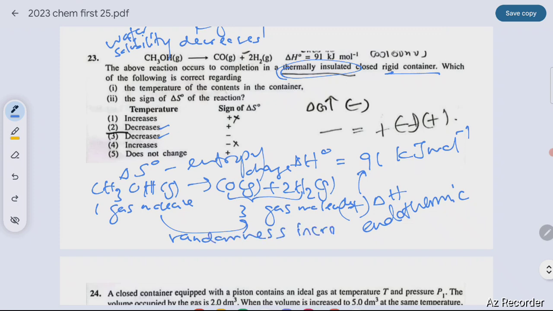You all know that when more gas molecules are there, the randomness increases. So when randomness increases, entropy increases. So entropy becomes plus. So the answer is the second one. Answer 2.